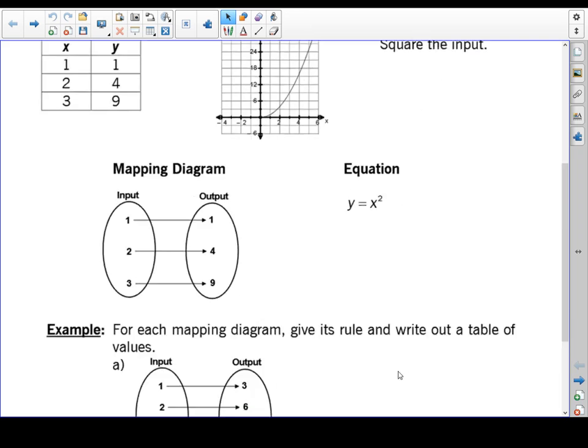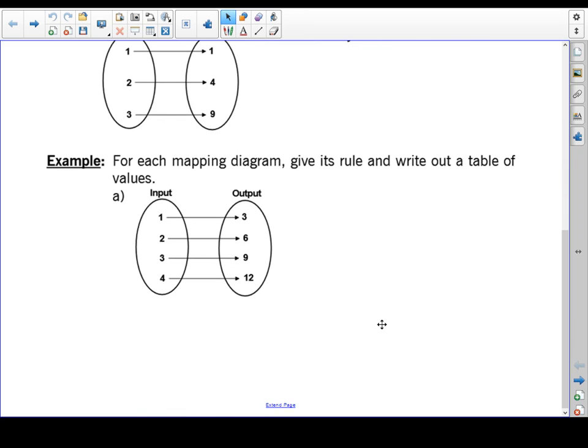Now, here's an example. For each mapping diagram, give the rule and write out a table of values. So 1, 3, 2, 6, 3, 9, and 4, 12.